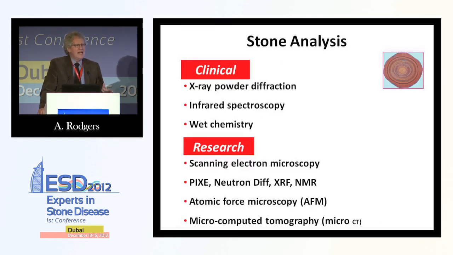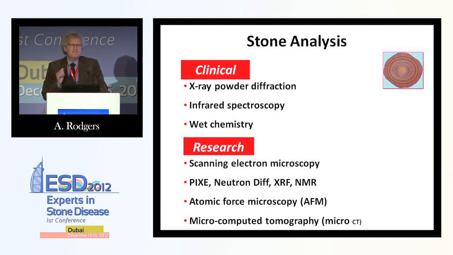As far as stone analysis is concerned, for the clinician, I hope I don't need to convince this audience that analysis of the stone is vital. I'm not a urologist, so I don't want to prescribe, but I find it really unacceptable if this is not done.